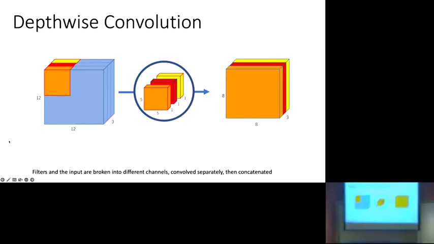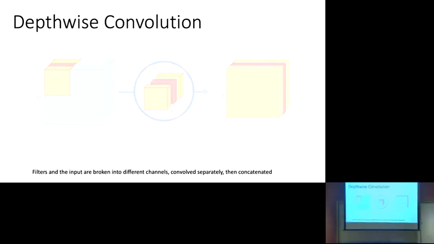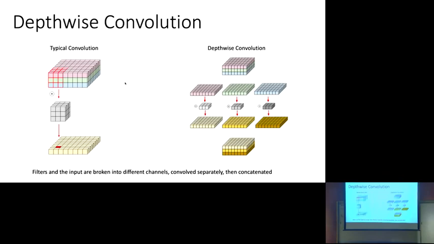Depth-wise convolution, here's a nice picture. You just do convolutions layer by layer, and you put the results together. Does everyone understand depth-wise convolution? It's not that tricky a concept.